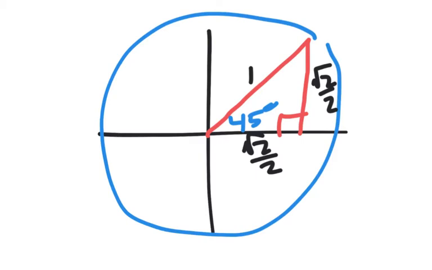So, if I were to still find sine of 45, it's going to be what? It's going to be the opposite, radical 2 over 2, over the hypotenuse, which is 1. When I put it over 1, that's useless. It's still radical 2 over 2. It's still the same ratio as any other 45, 45, 90, even though it's been shrunk. So, when we're fixing to start doing it, like we built all the tools, we went through all of it.